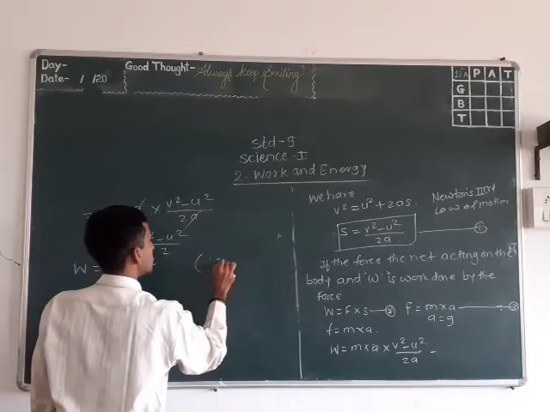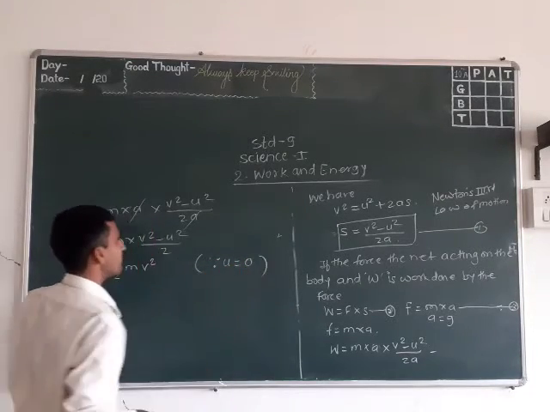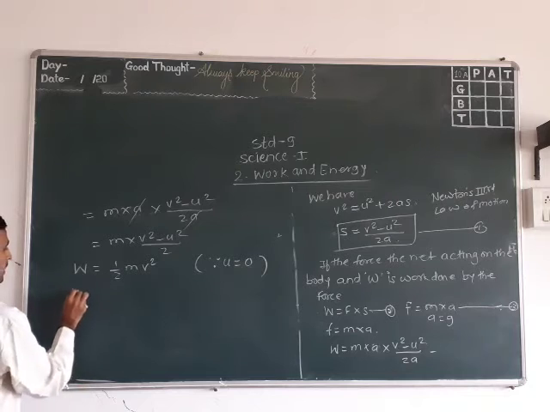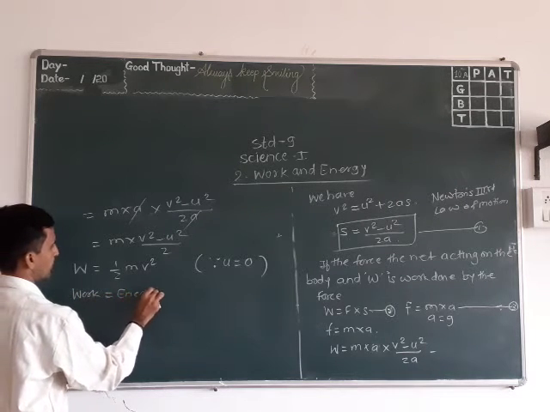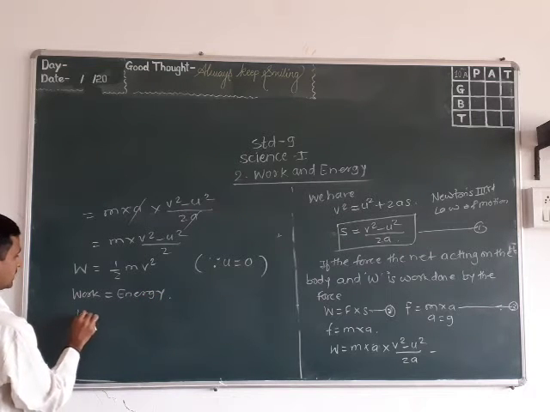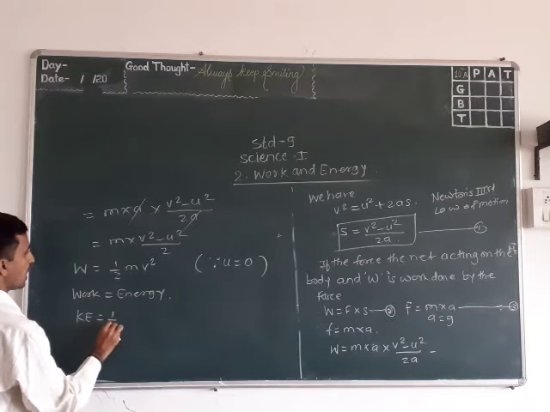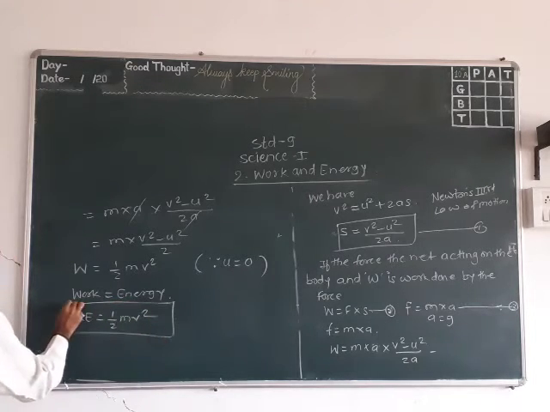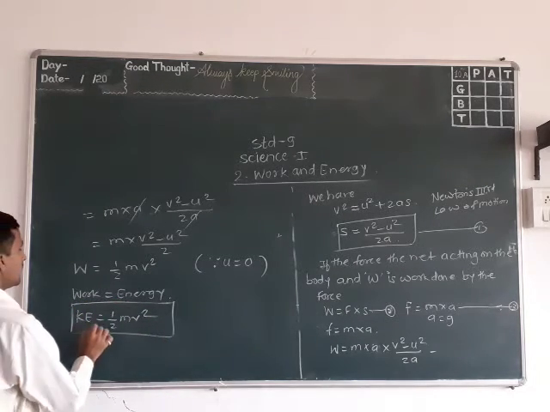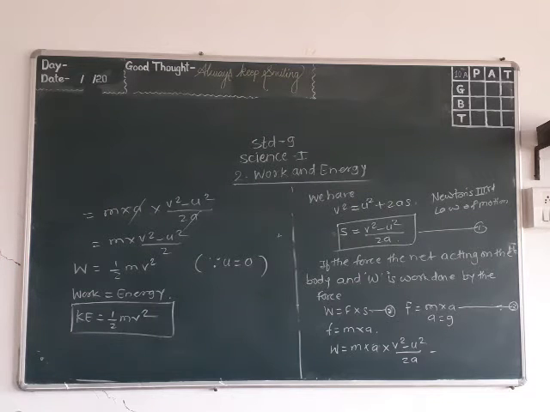Since u is equal to 0, initial velocity is 0, work is equal to energy. Therefore kinetic energy is equal to half mv square. The formula is derived.